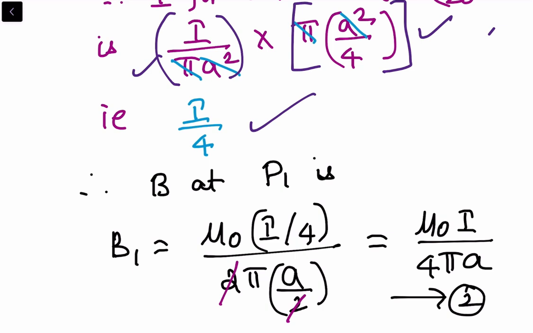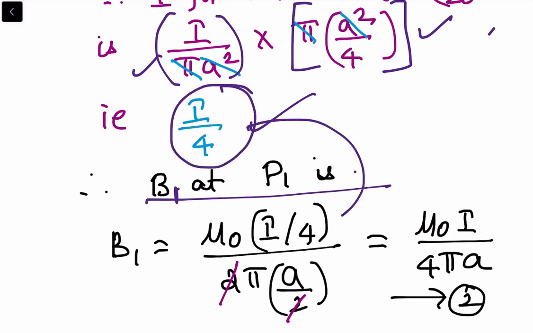Therefore, the magnetic field at P1 is mu 0 I by 2 pi r. Here I is I by 4, which we got, and I have substituted it. The radius is a by 2; substituting, 2 and 2 get cancelled, and this becomes mu 0 I by 4 pi a. This is the magnetic field at the inner point.